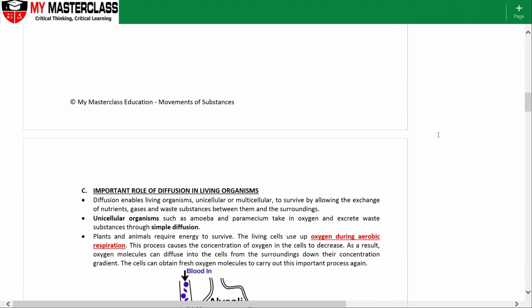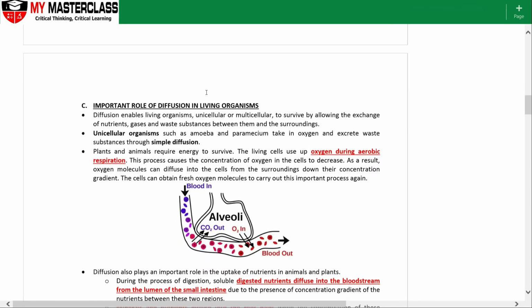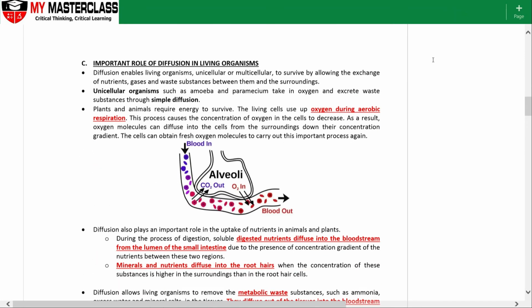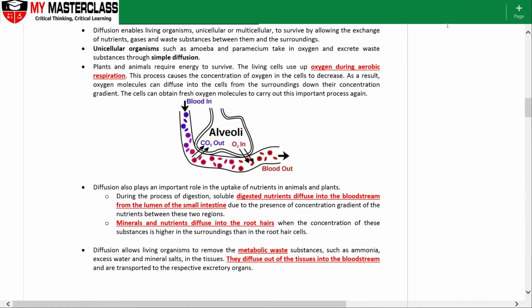And then the next part, why is diffusion so important for us? Unlike small organisms, or what we call unicellular organisms, which are single cell organisms, things like your paramecium and your amoeba can just take in substances from the surroundings by simple diffusion, and release the waste products they accumulate back into the surroundings via simple diffusion.